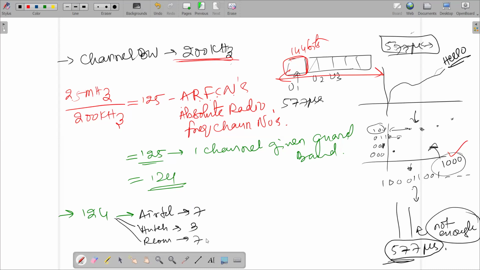Out of these 124, different operators have to purchase channels, and that is based on the telecom circle: Karnataka circle, Tamil Nadu circle, Madhya Pradesh, or Maharashtra circle.